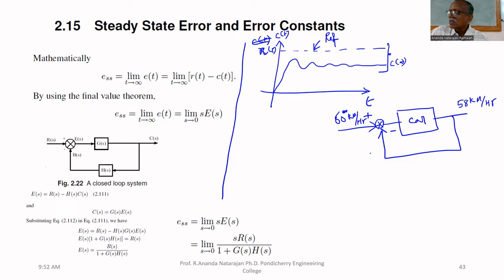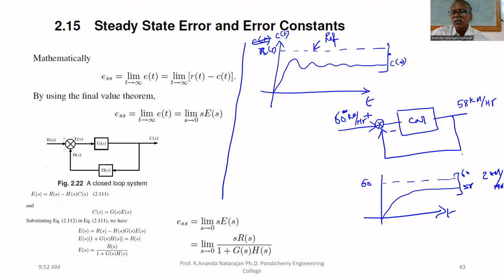If you didn't change the gear, it will go this much only. What is the response? The reference is 60 kilometers, but the system settled at 58. This is 2 km per hour.